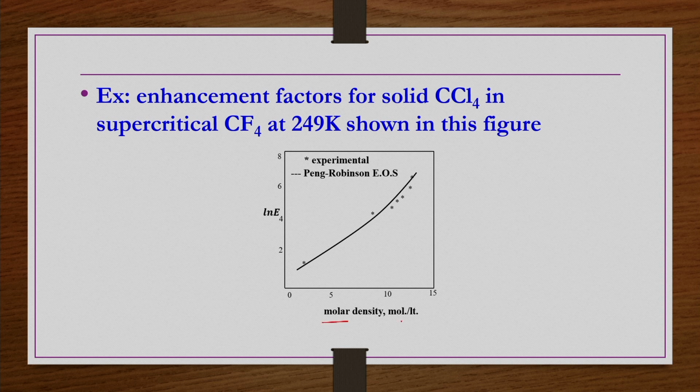You can see that as the molar density increases, ln of E drastically increases. Experimental results are indicated by these stars, and if we reproduce the same behavior with the Peng-Robinson equation, we can see E increasing drastically with increasing molar density. This is to give a feel for how important it is.